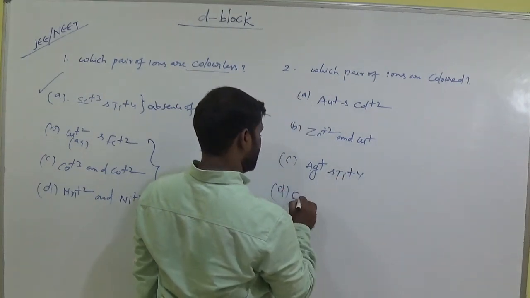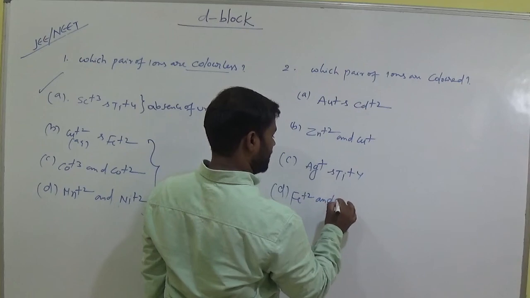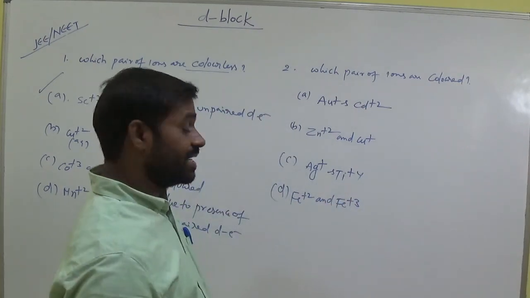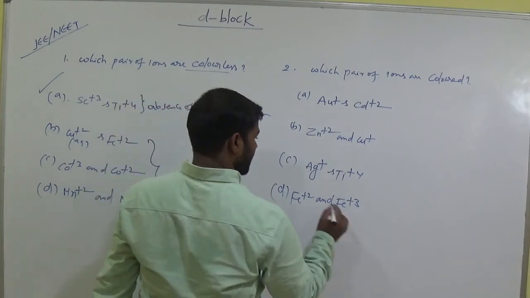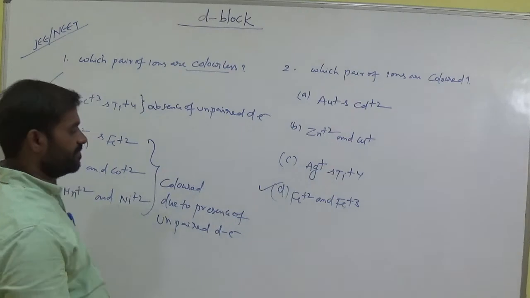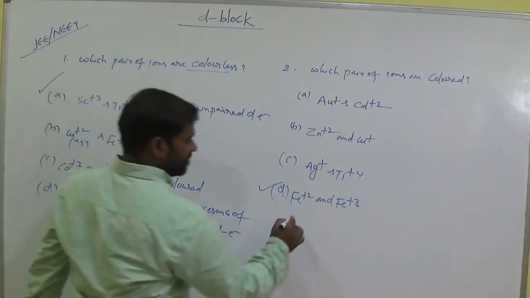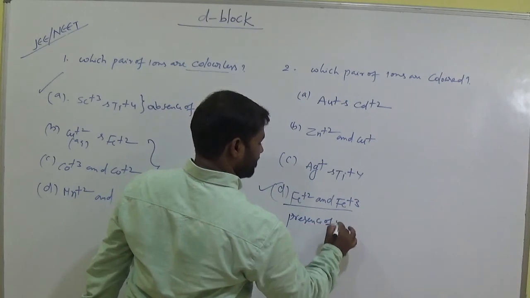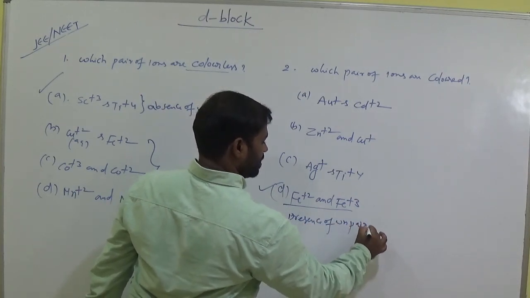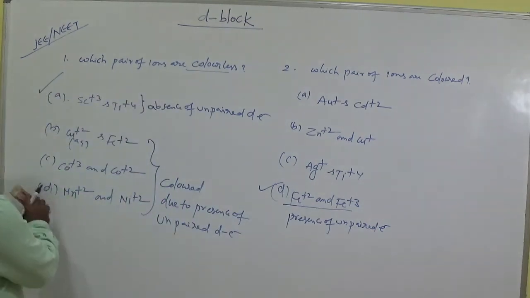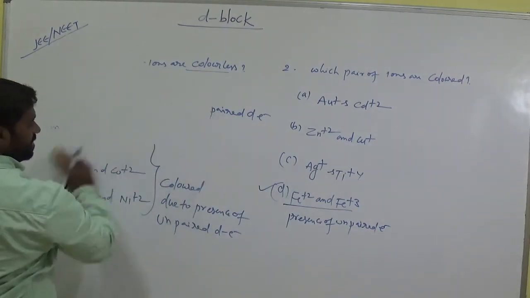Option D, Fe plus 2 and Fe plus 3. So which pair of ions are colored ions? Fe plus 2 and Fe plus 3. This is the answer. Check the concept: the presence of unpaired electrons. Clear to everyone?